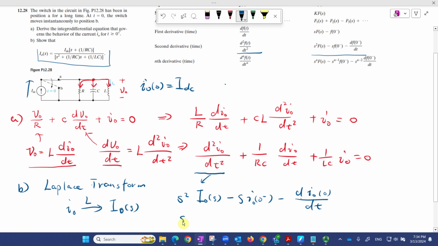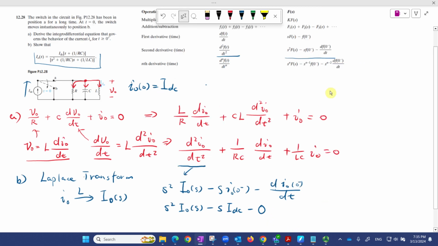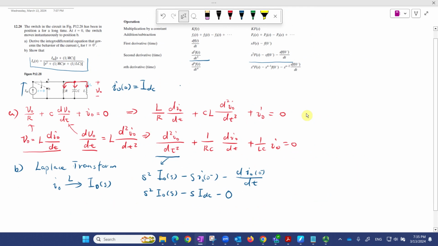So this equation becomes s squared I0(s), minus s IDC, and minus the derivative term, where the derivative of a constant is 0. That's the first term. Let me shrink this down a little bit.